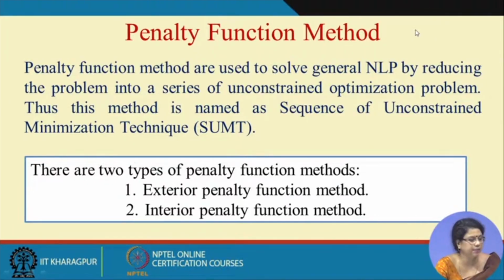Whereas in the interior penalty function method, we start from the interior of the feasible space, and approach the boundary of the feasible space through a sequence of unconstrained optimization techniques.